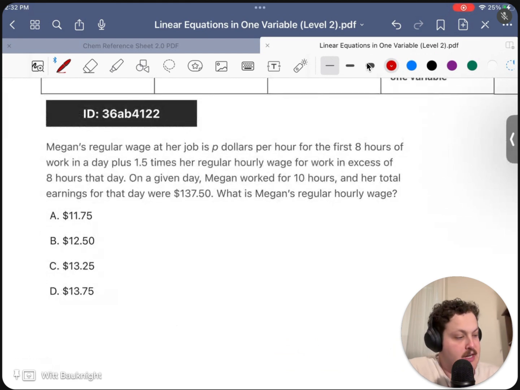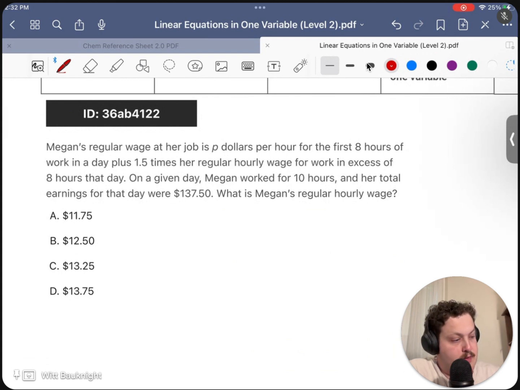Megan's regular wage at her job is $P per hour for the first 8 hours of the workday, plus 1.5 times her regular hourly rate for work in excess of the 8 hours on a given day. Megan worked 10 hours and her total wages were such. What is her regular hourly rate?